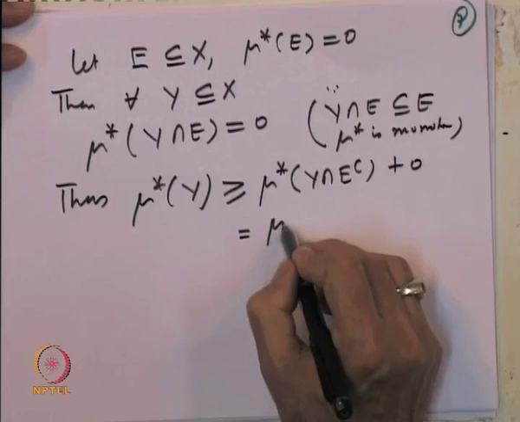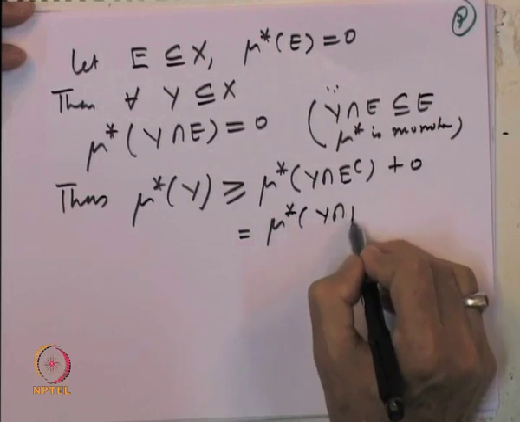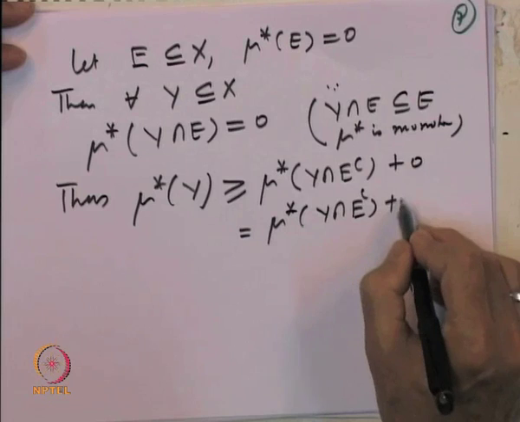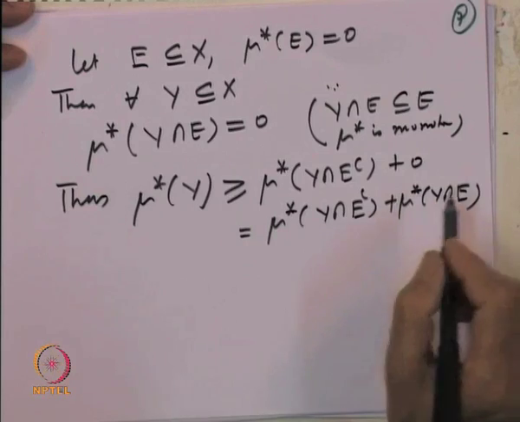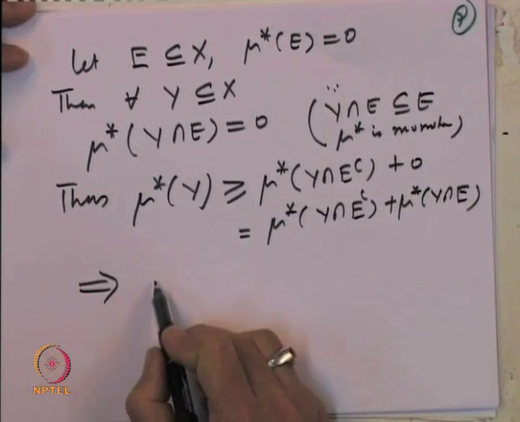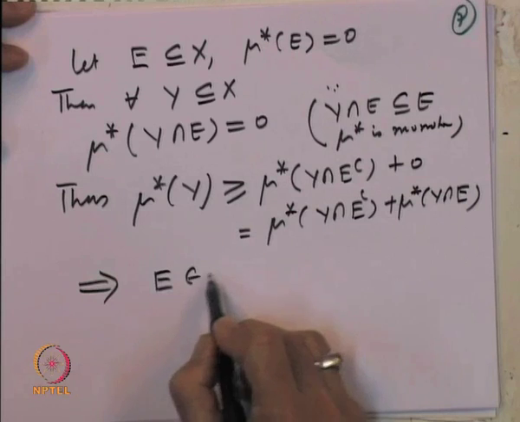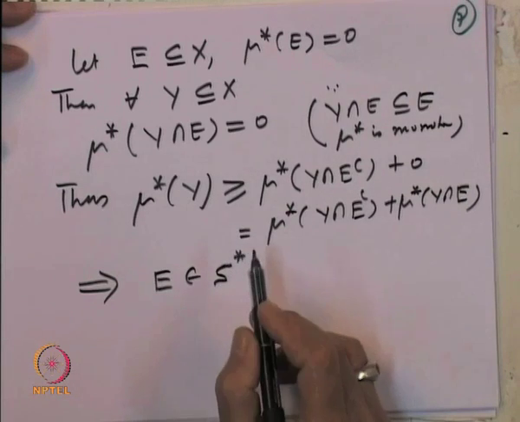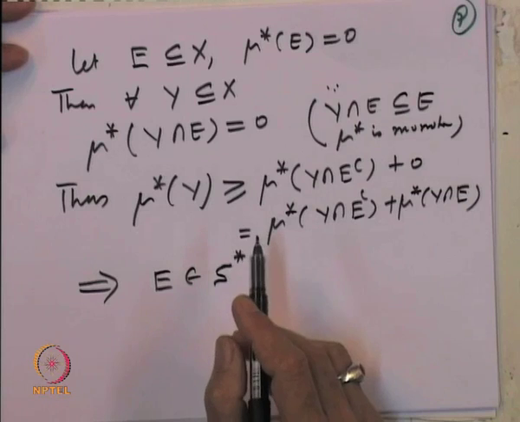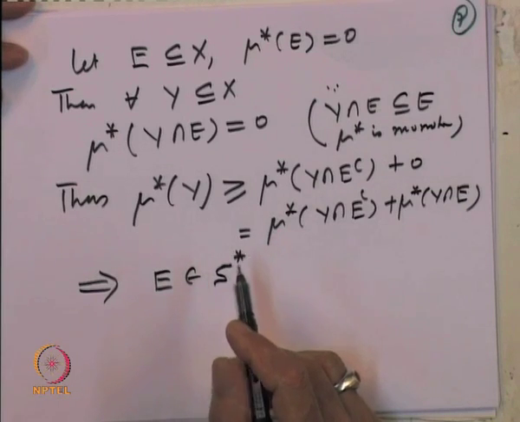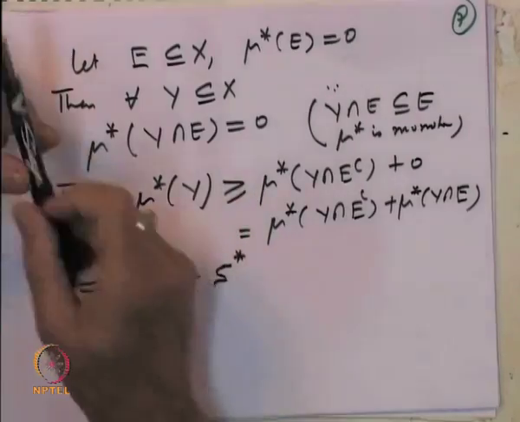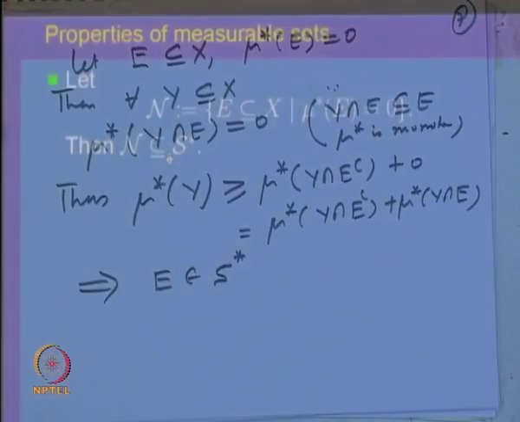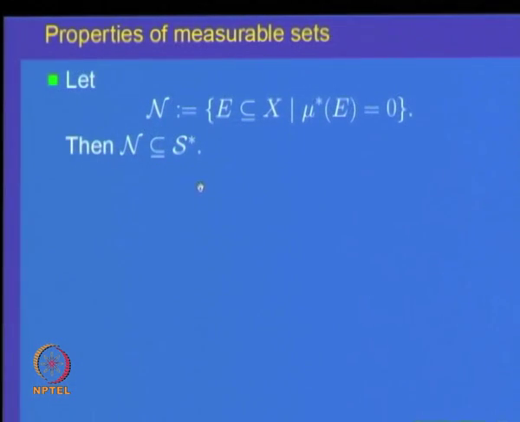So, that is equal to mu star of y intersection E complement plus mu star of y intersection E, and that is precisely saying that the set E is measurable. So, that shows that the class of mu star null sets are also measurable. So, this class N is inside S star.